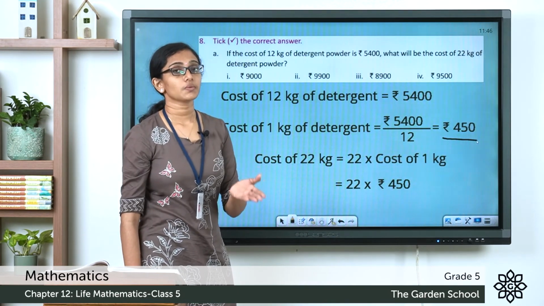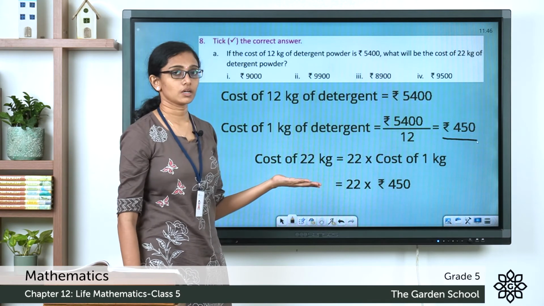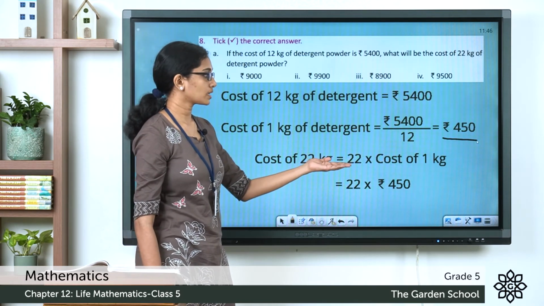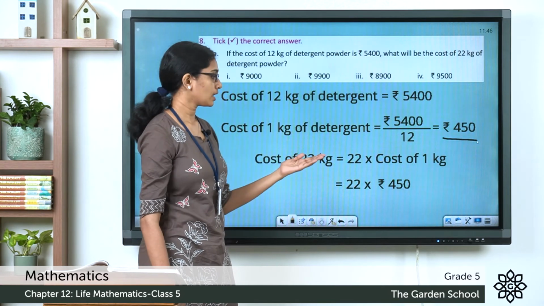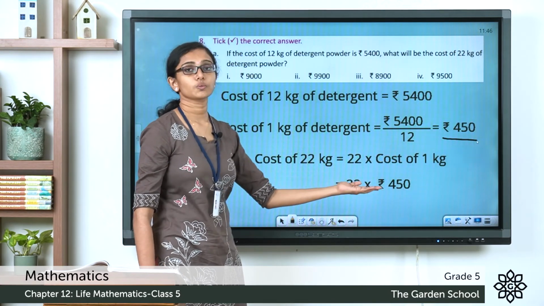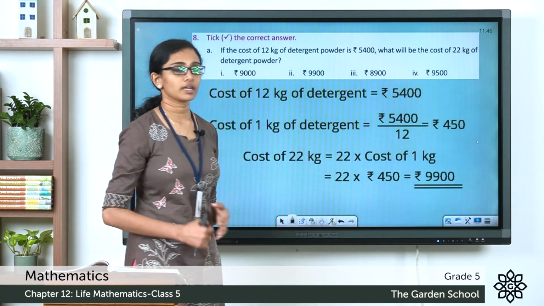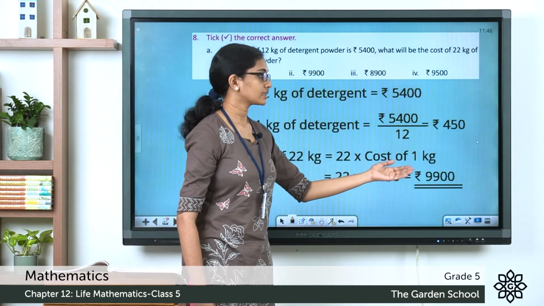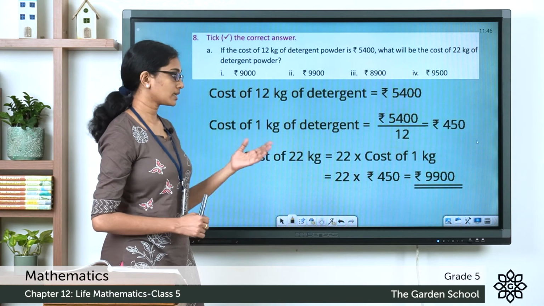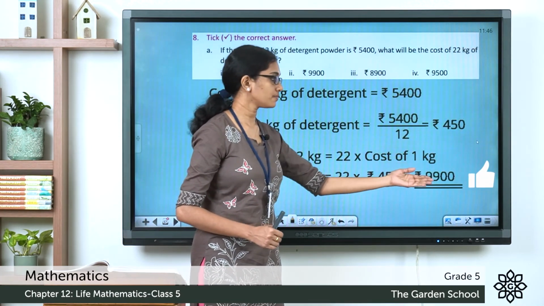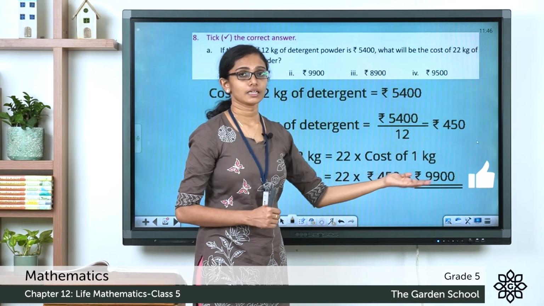It will be 22 into the cost of 1 kilogram. That is equal to 22 into rupees 450, and that is equal to a total amount of rupees 9,900. So 22 kilograms of detergent powder will cost rupees 9,900.